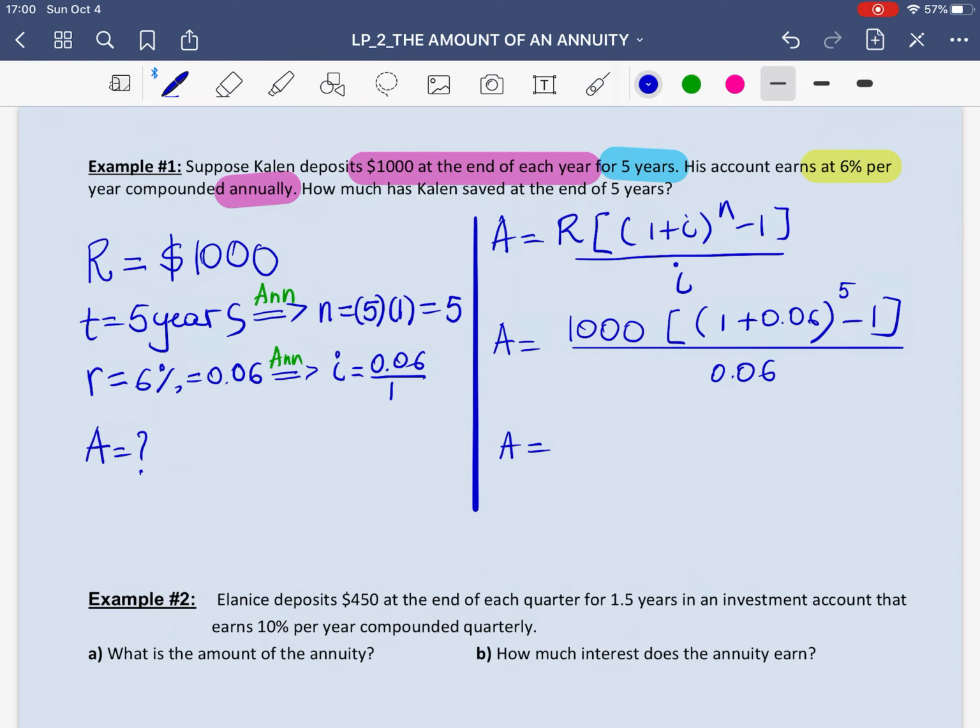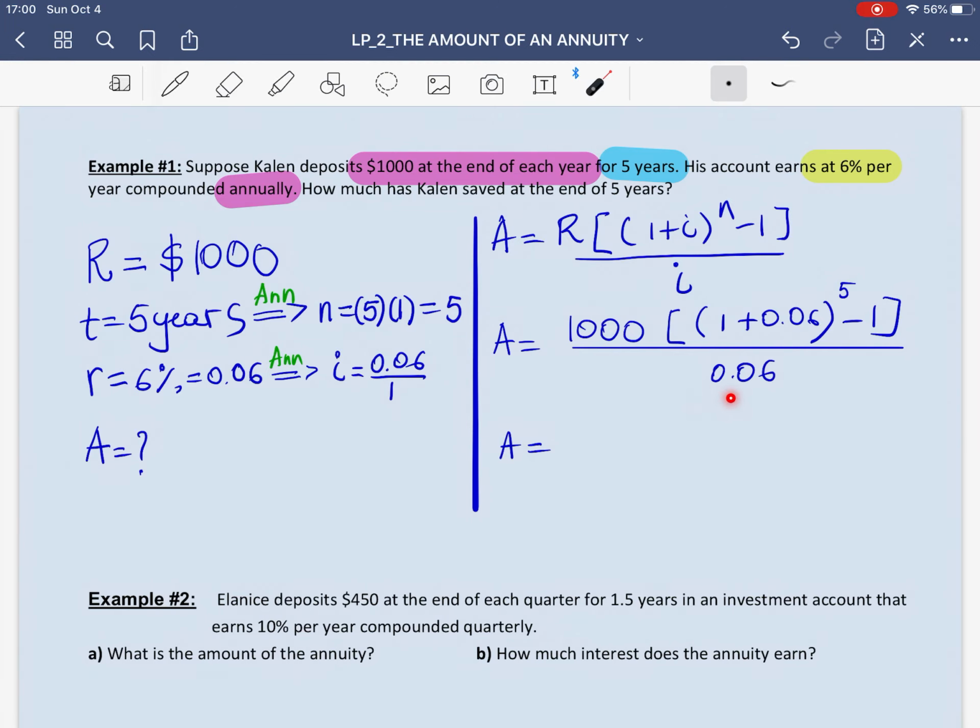And now it's time for us to look at how we use the calculator to find A. When you use the calculator to find A, remember to type in the expression just the way it is. So you have to type 1000, brackets, another brackets, 1 plus 0.06, power 5 minus 1, brackets again, and then divide by 0.06.